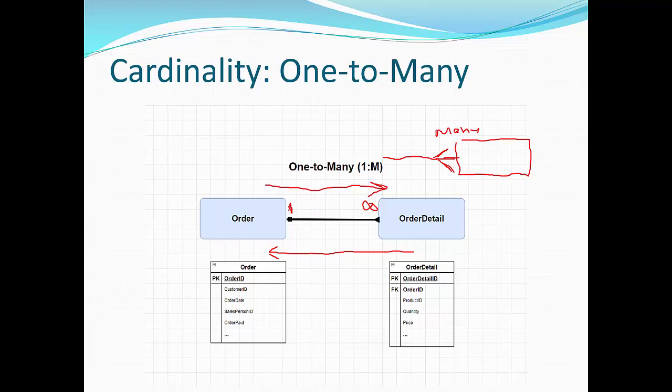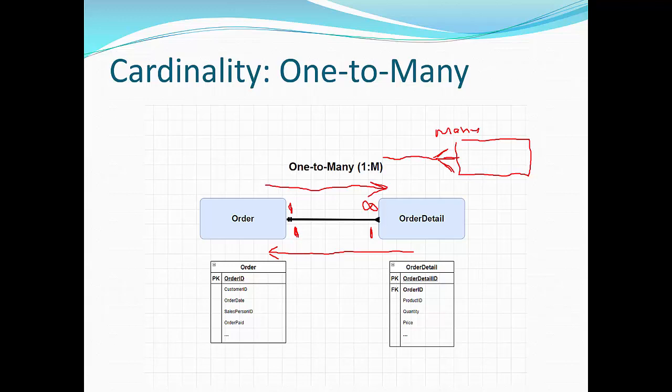So one order can contain many order details, and one order detail, one thing in that order, can be associated with one order.